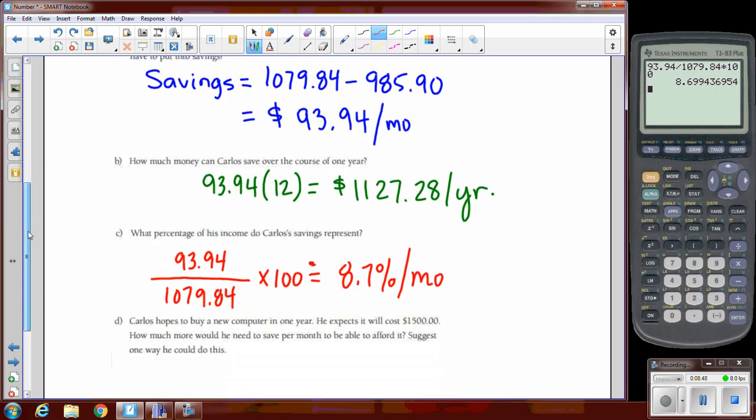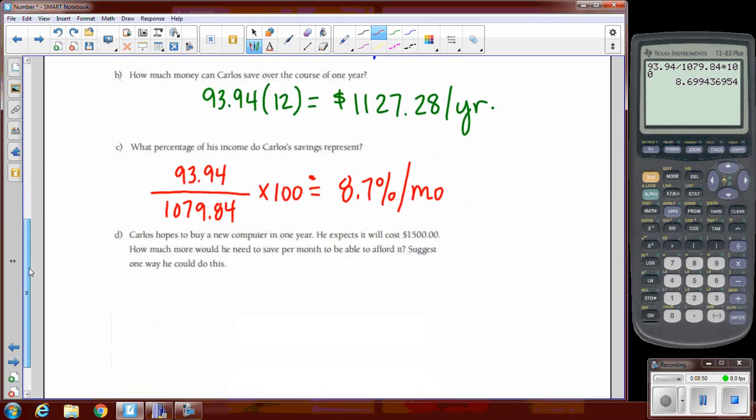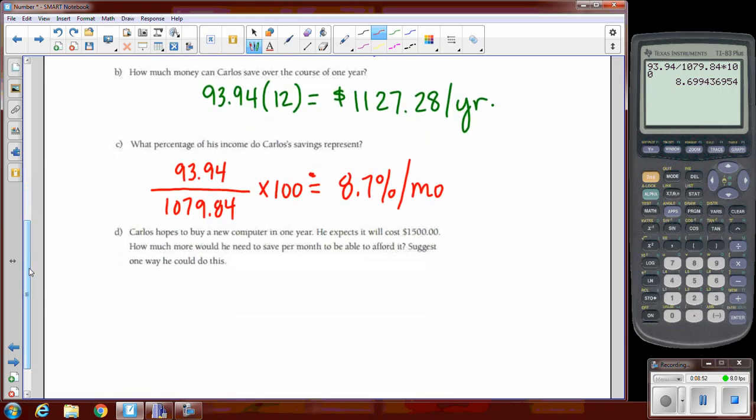If we take it one step further and see what Carlos actually wants to budget for, Carlos wants to buy a new computer. He thinks it's going to cost about $1,500. It's saying, how much more would he need to save per month to be able to afford it? Suggest one way he could do this. So right now, all we know is that he's saving $93.94 per month.